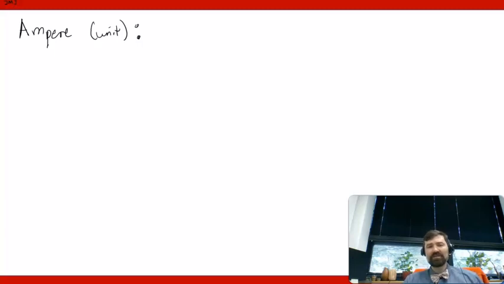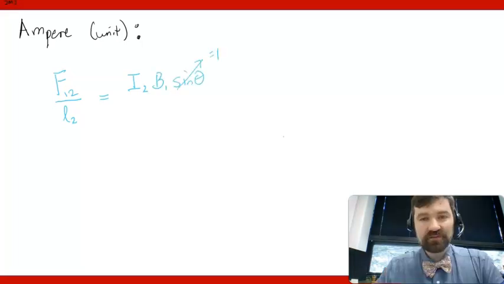So if I come down to this system and I again say, okay, what's the force, let's say, on wire 1 or on wire 2 due to wire 1 per unit length, again, of wire 2. That should be the current in wire 2 times the magnetic field from wire 1 times the sine of theta.